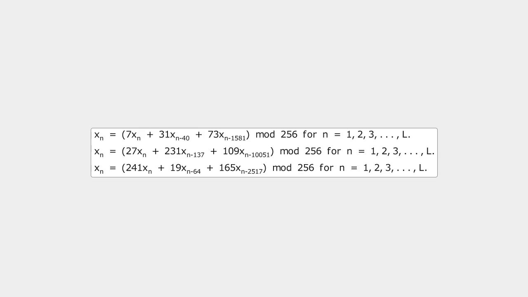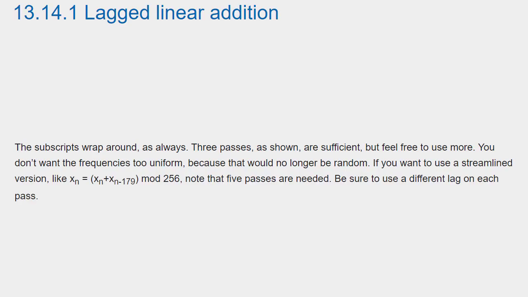The distribution can be flattened out by using lagged linear addition, treating the whole image file, including the headers, as one long byte string of length L. Here is an example. The subscripts wrap around, as always. 3 passes, as shown, are sufficient, but feel free to use more. You don't want the frequencies too uniform, because that would no longer be random.